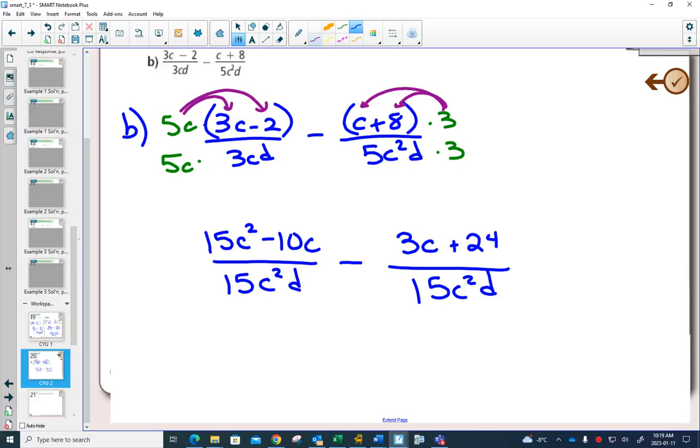Here is another place in algebra that you make mistakes that you would never make in numbers. For example, I'll show you why you would never make this mistake in numbers. If I have two numbers like 5 sevenths minus 3 sevenths, what's the answer? 2 sevenths.